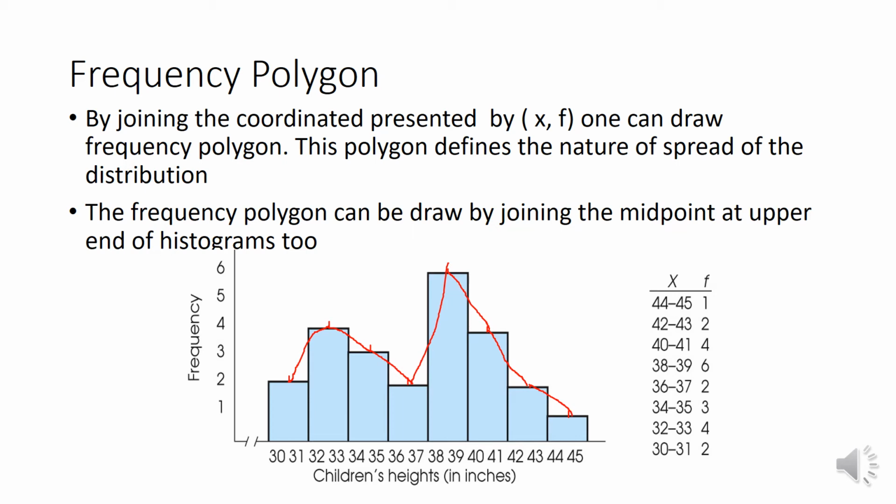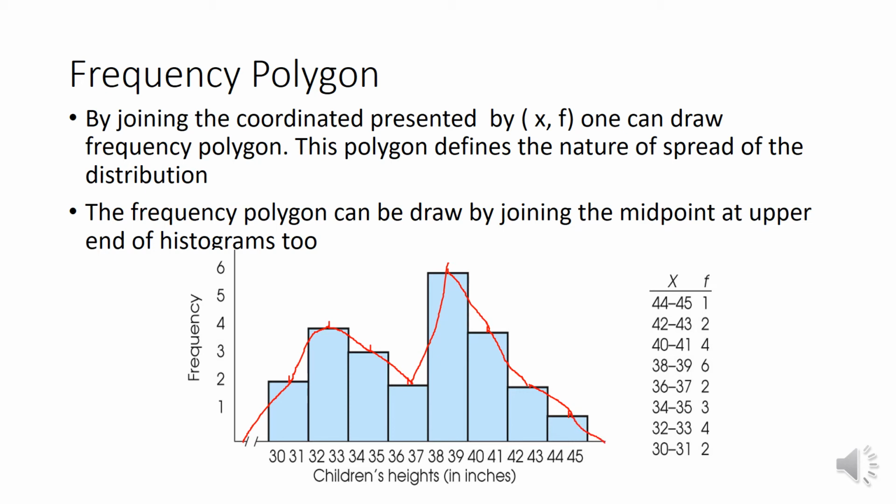As there is no value before 29.5, we just have to mention that this polygon starts from 0 somewhere. And again there is no value after 45, therefore we have to join this polygon to 0 itself.